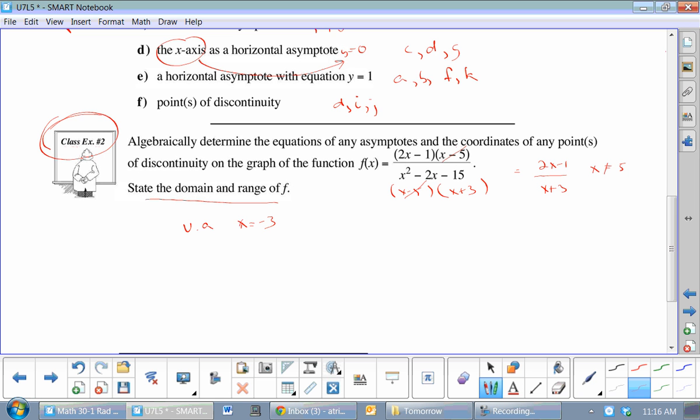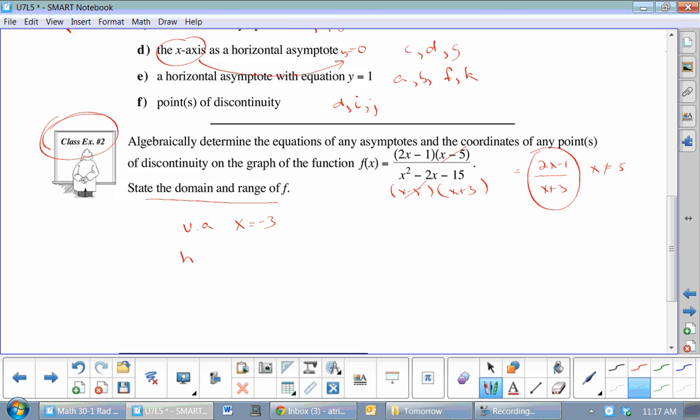Now, you've learned something today, I think, that's new, is that if I still have something on the bottom that didn't cancel, that's going to be my vertical asymptote. That has to be an X, of course. I just had a 5 in the bottom, doesn't matter. But anytime I have an X in the bottom, so I want you to look at this thing right here. That has a vertical asymptote at negative 3.